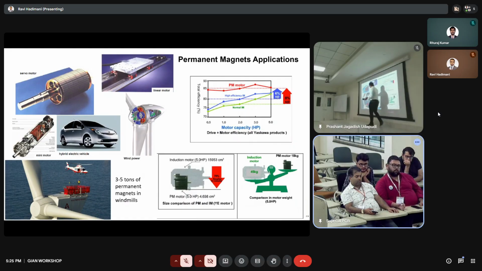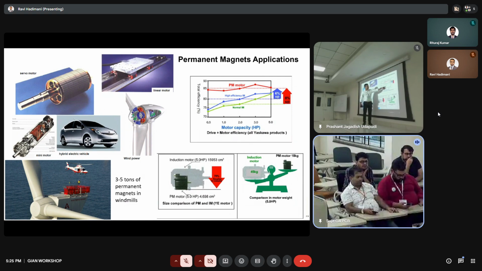So are hybrid cars and electric cars, they need permanent magnets. You see here, the motor capacity, in terms of HP, if you want high capacity. I thought it was, sorry, ignore me. So induction motor versus permanent magnet motor.